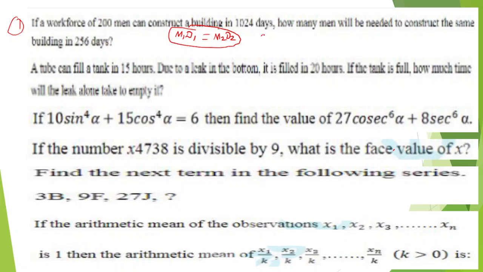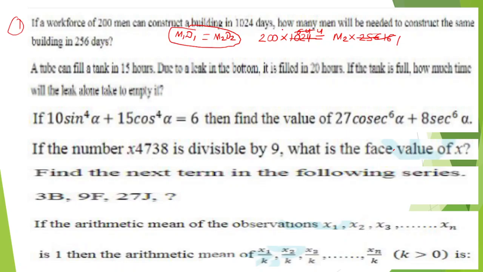Here M1 is given as 200 men and the time is 1024 days, while M2 is not given and the time is 256 days. Now let us solve it. We know 16 into 16 is 256, and 16 into 4 is 64, so 1024 divided by 256 gives 4.